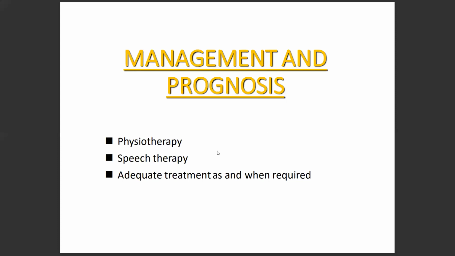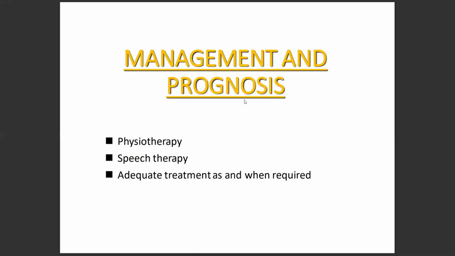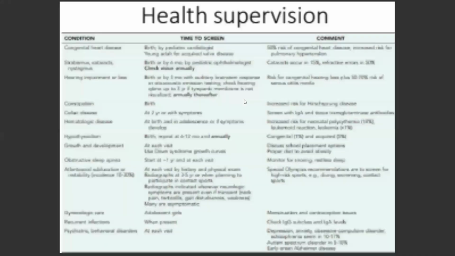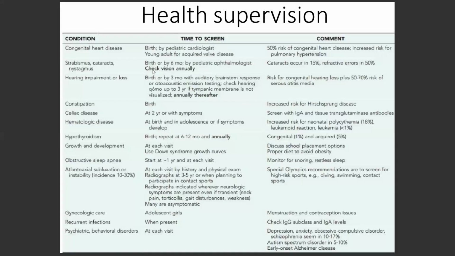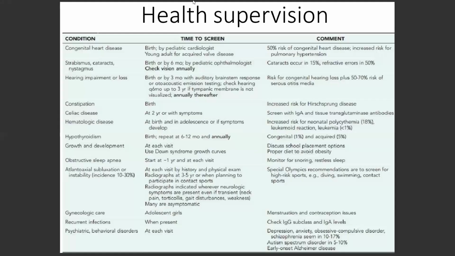Then we have the management and prognosis. The management modalities are physiotherapy, speech therapy, adequate treatment as and when required, then counseling and prenatal screening and diagnosis. So these are the management options for the Down syndrome child. Along with the management of these conditions, like speech therapy or physiotherapy, we have to supervise these conditions in the child also.